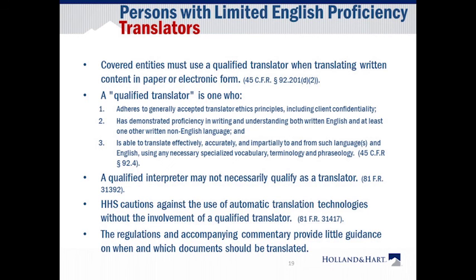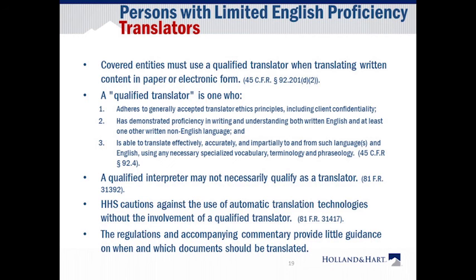Covered entities must use a qualified translator when translating written content in paper or electronic form. Let me say that one more time. Covered entities must use a qualified translator when translating written content in paper or electronic form. A qualified translator is one who adheres to generally accepted translator ethics principles, including client confidentiality, that being very important.